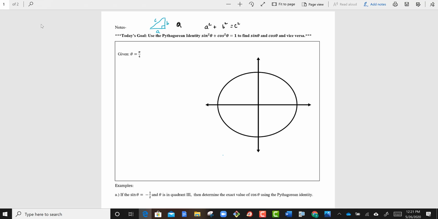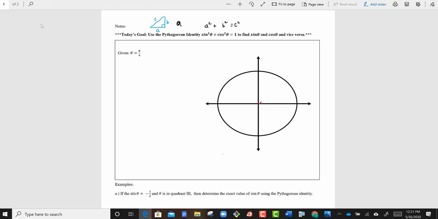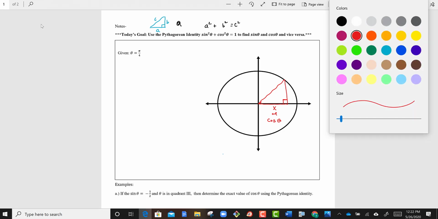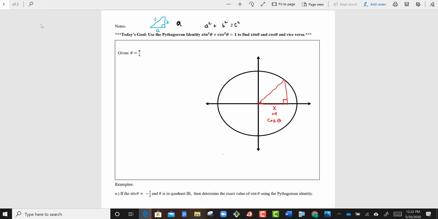So for instance, if we were to draw a right triangle anywhere on the unit circle, let's draw it in the first quadrant. We know the horizontal side can be labeled as x, or we can call it cosine of theta, since x and cosine we've established are the same thing. And likewise, the vertical side, we can call y, or we can call sine of theta.